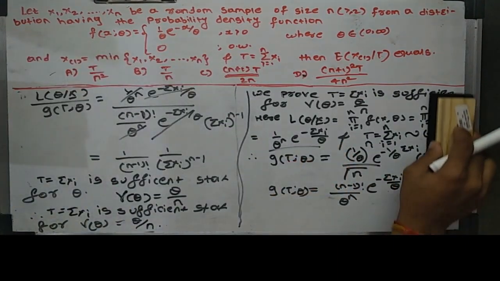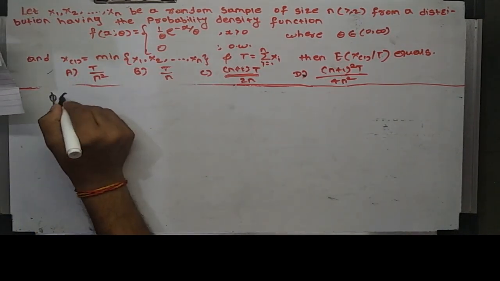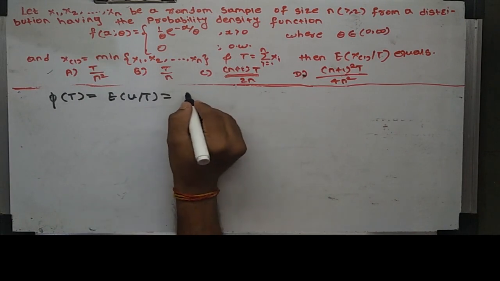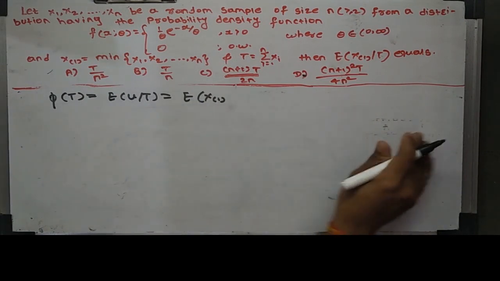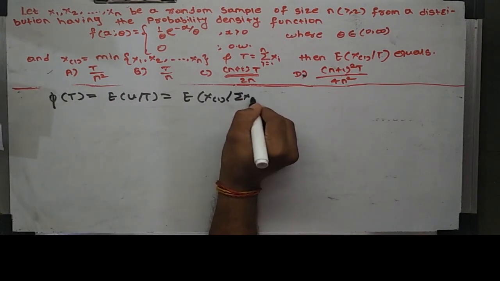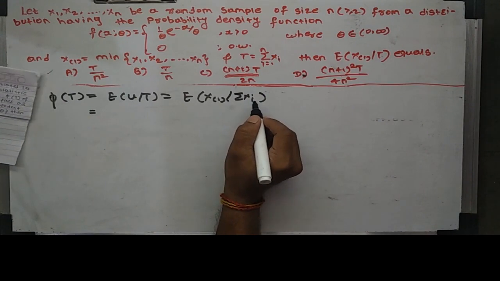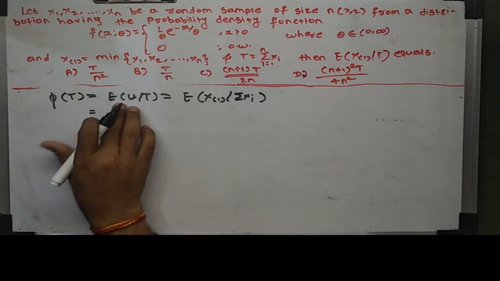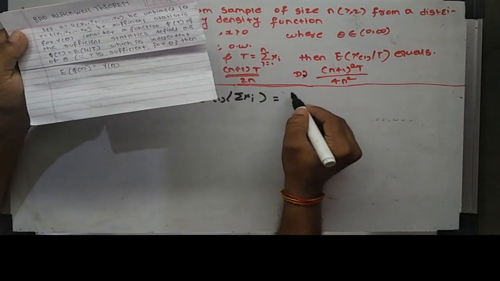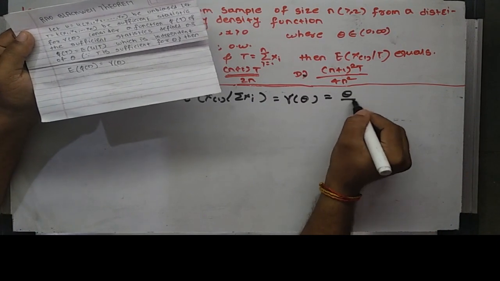Then we define phi T, not psi T. Phi T is equal to expectation of U given T. Here I assume that U is equal to x of order 1 and T is equal to summation of xi, that is equal to gamma of theta in this theorem. Here gamma of theta is theta by n.